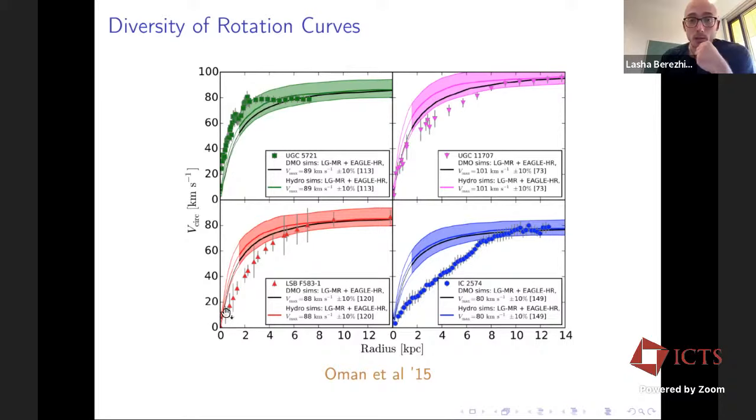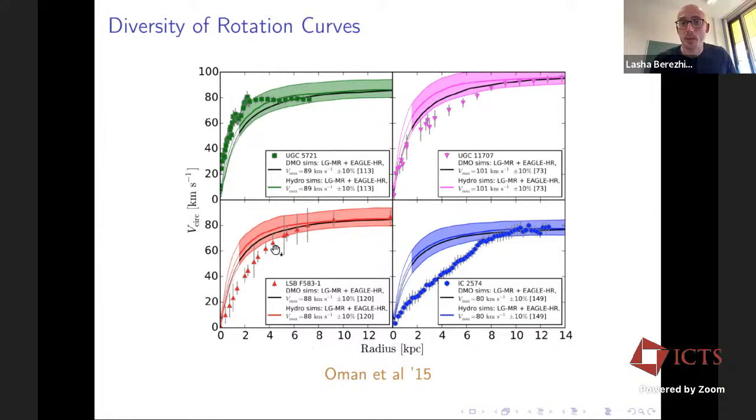However, the observed rotation curves, given by these data points, are different. For instance, here the rise is quite sharp, while in this galaxy, a low surface brightness galaxy, the rotation curve rises almost linearly, very slowly. What is puzzling is that although CDM simulations do show diversity of rotation curves overall, when constrained to galaxies with a similar asymptotic velocity, the diversity goes away.